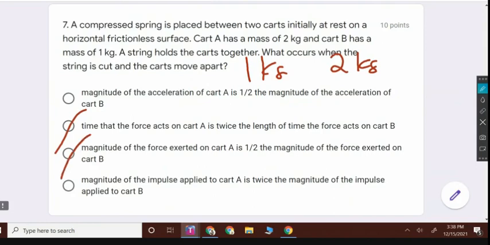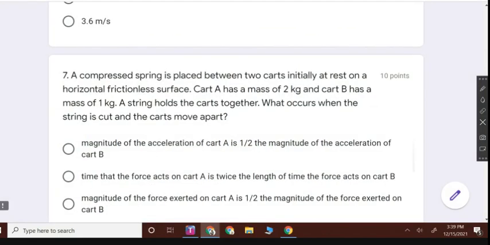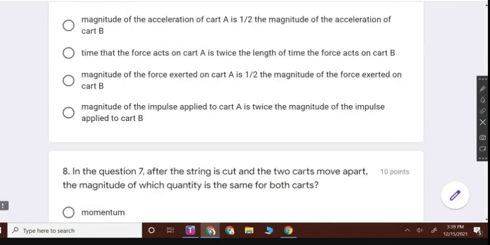The acceleration of car A is half as much because it has twice the inertia. Don't worry about this one. That's old, it's the previous step.